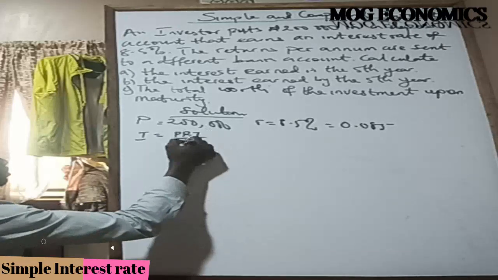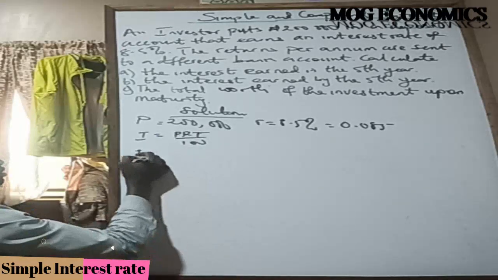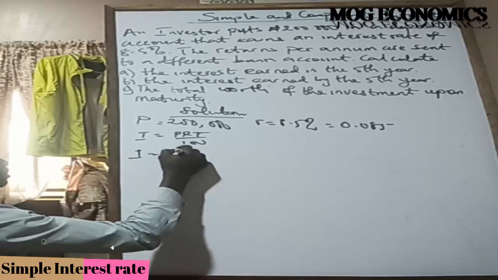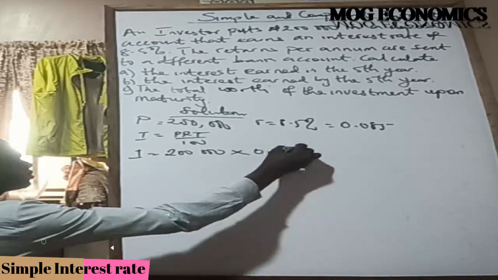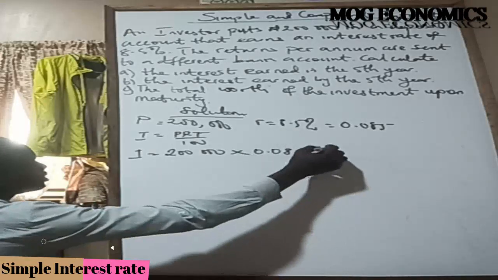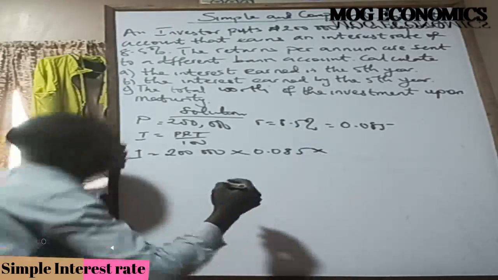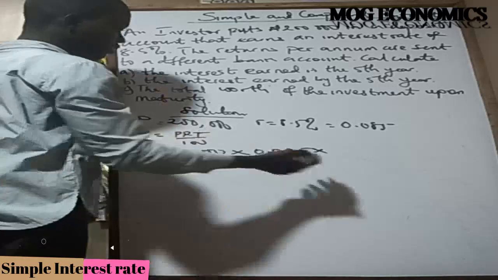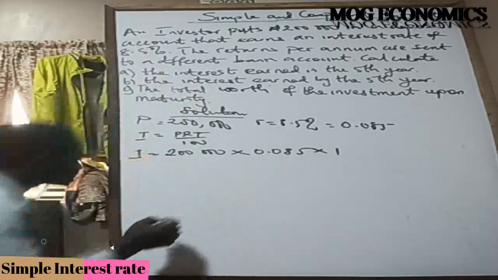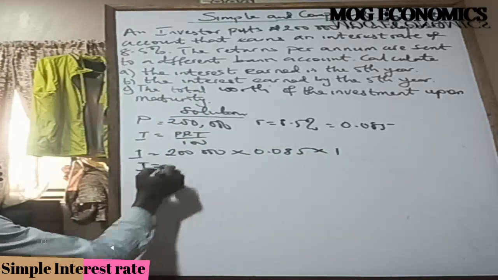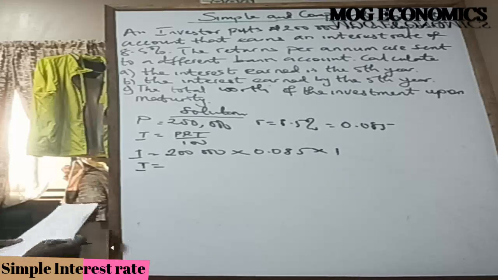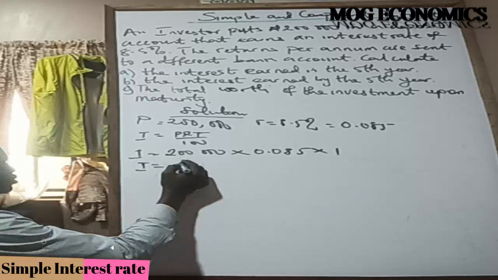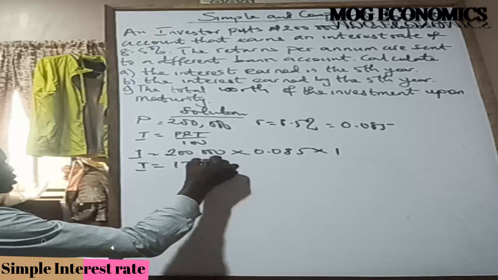The interest is just going to be 200,000 multiplied by 0.085, then multiplied by the time, just the first year, and I think this is going to give us 17,000.